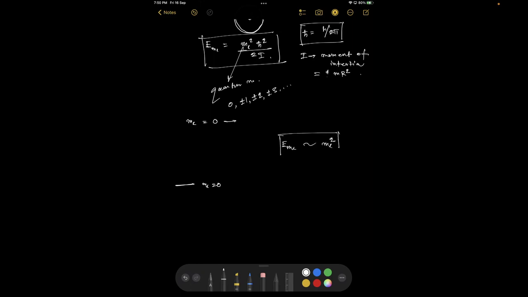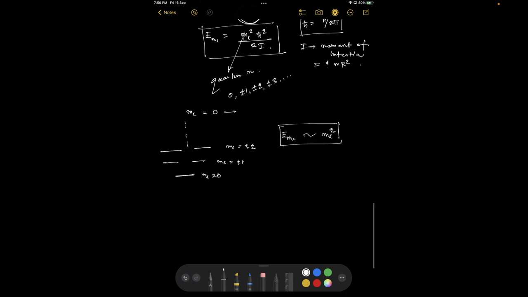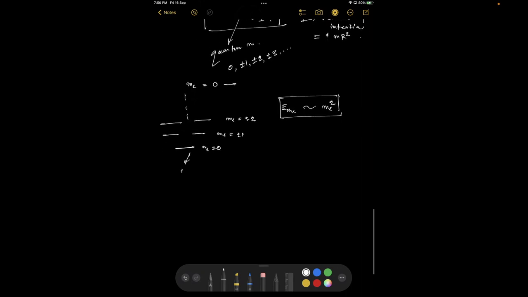So for ml equal to 0, the energy state is non-degenerate, and for other values of ml, the energy states are doubly degenerate, because two states of the same energy are possible.